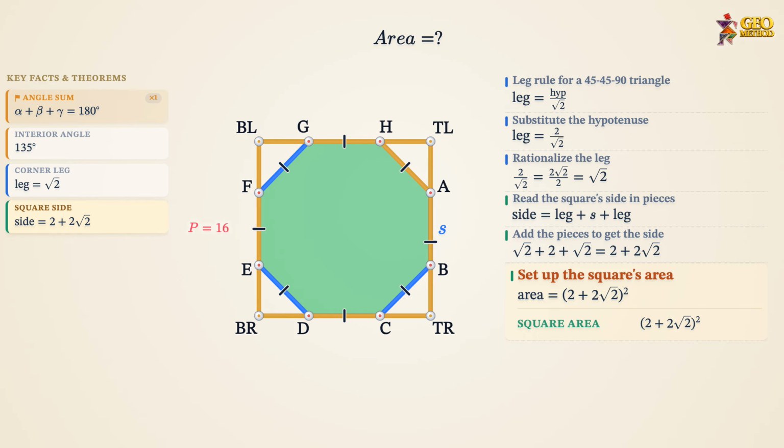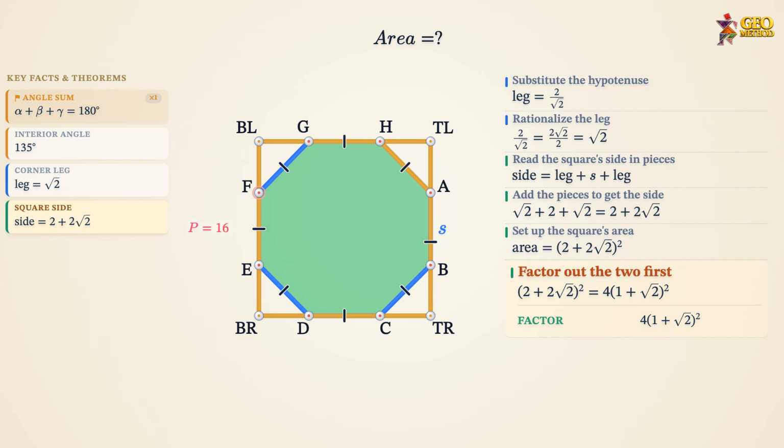The square's area is its side squared, so I need 2 plus 2 root 2, all squared. Let me expand this carefully. Factor a 2 out of the base first. 2 plus 2 root 2 is 2 times 1 plus root 2. Squaring pulls out a 4, leaving 4 times 1 plus root 2 squared.